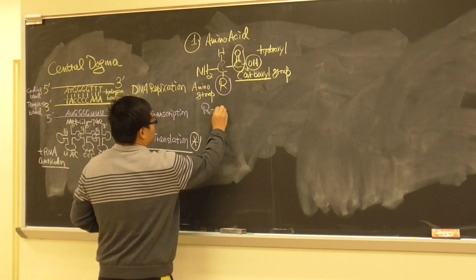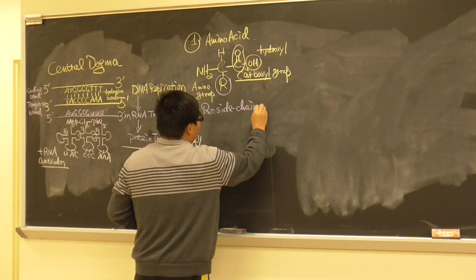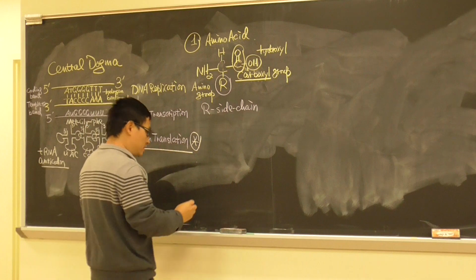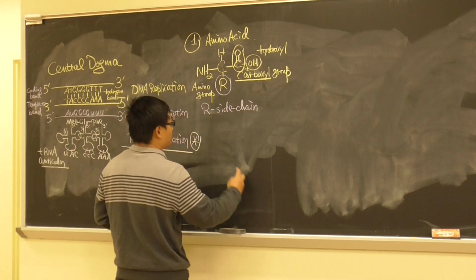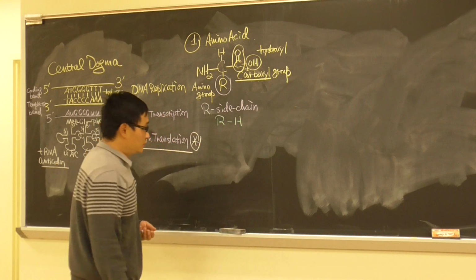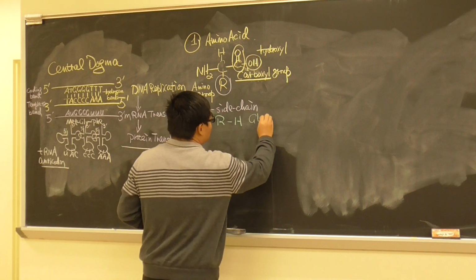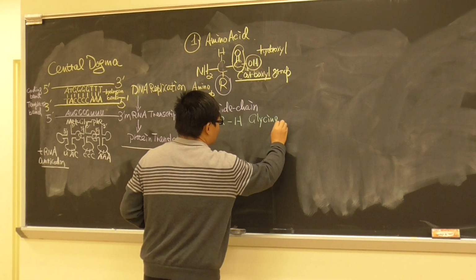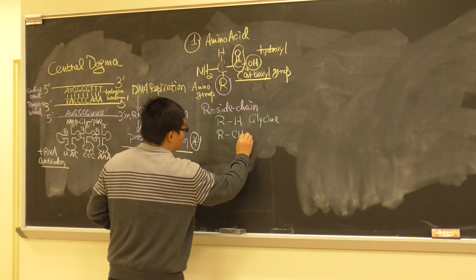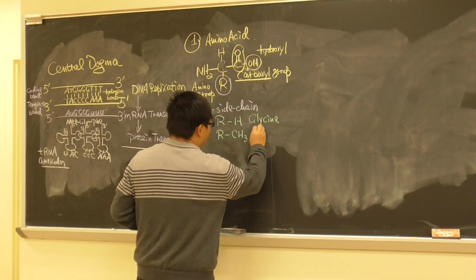This R is a side chain, and it decides what type of amino acid it is. So I'll give you some examples. If this R is H, it's the simplest amino acid, glycine.